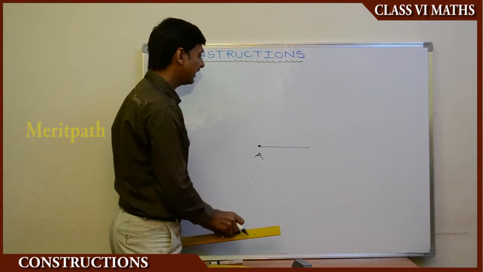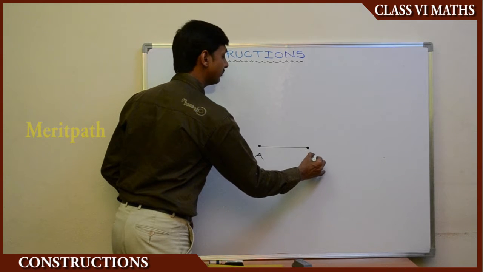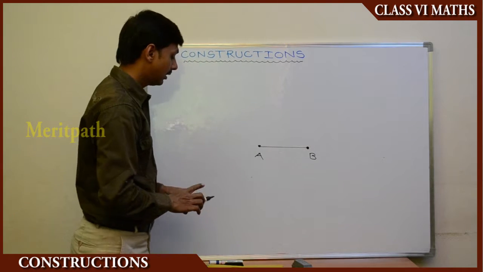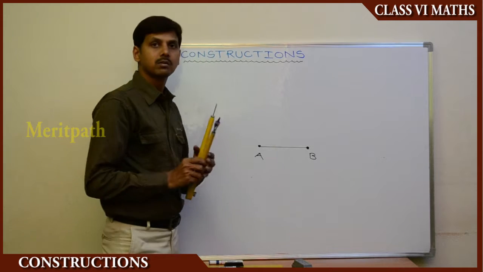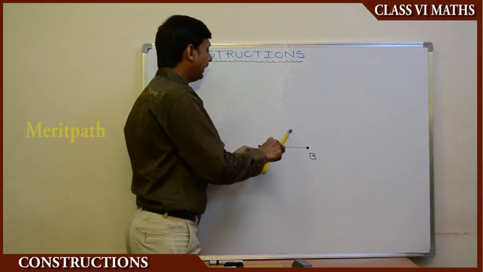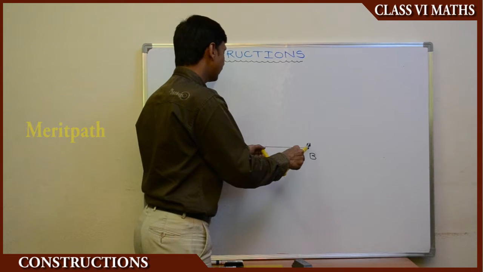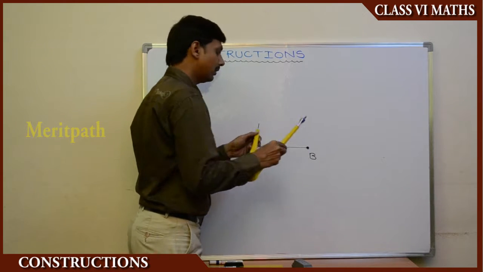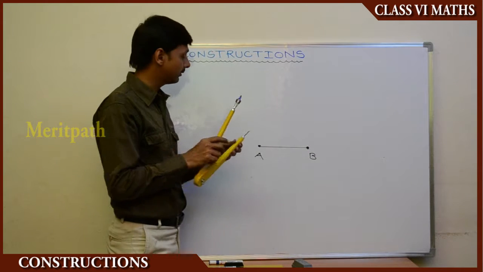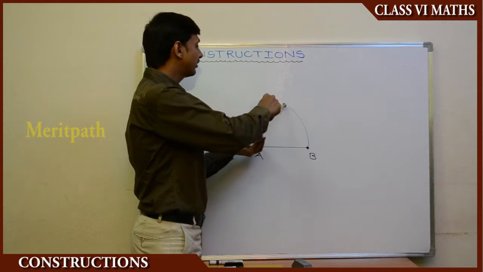We have drawn a line segment. The other point, let's take it as B. So we got a line segment. Now, using A as the center and AB as the radius, let's draw a circle.